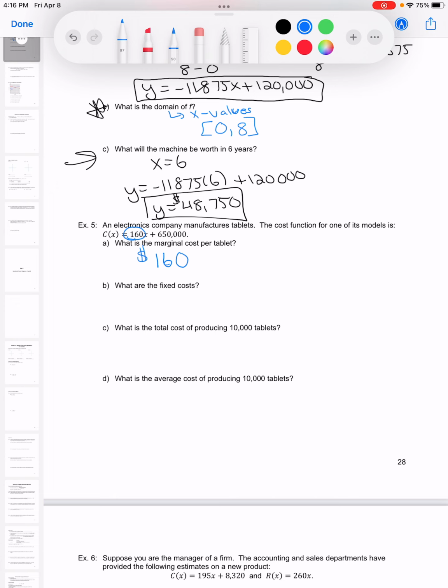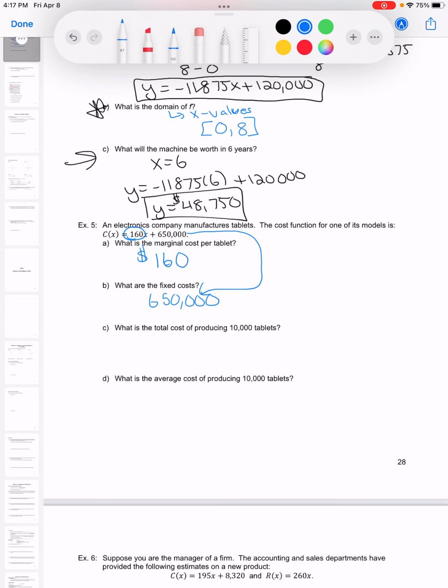The fixed costs are going to be the other costs. The fixed costs do not change. So it doesn't matter how many of those I make, it's always $650,000 because there's no X there with it. Now we've done total cost before.